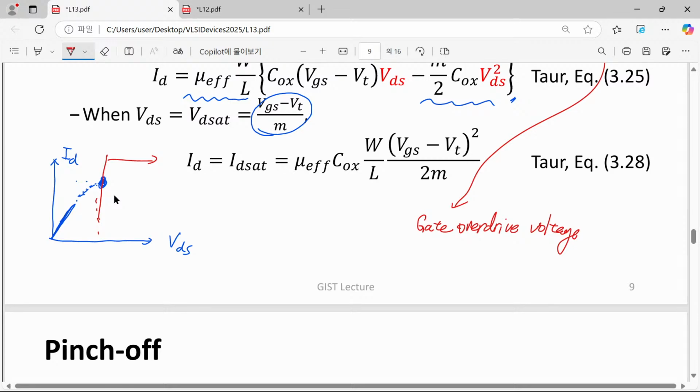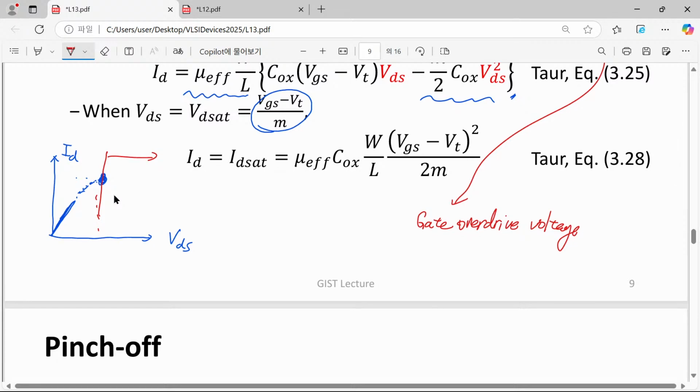Why we have to say so, I will explain later, but right now we just say that beyond that point the current is flattened and saturated to this maximum value.